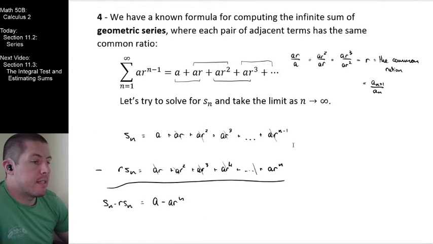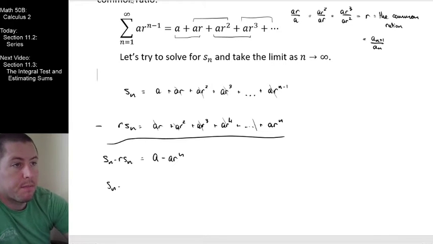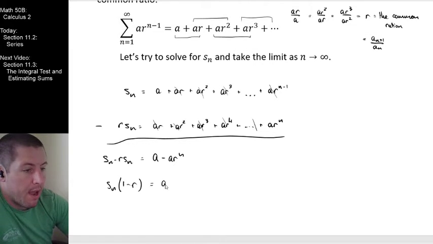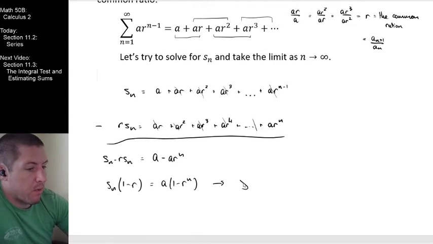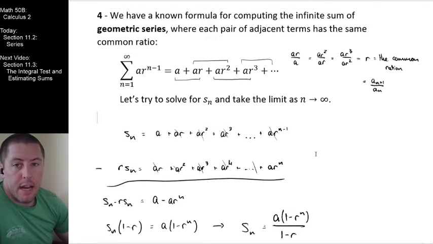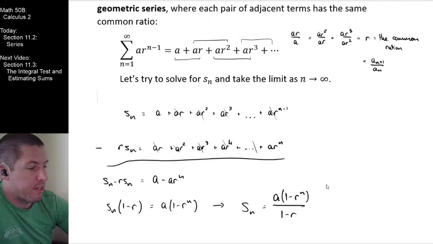And so now what I can see is I can get a formula for S sub n, because I can solve this for S sub n right here. So I'm going to factor out S sub n on the left. One minus r, and that's equal to a times 1 minus r to the n. And it looks like I can get this formula where S sub n equals a times 1 minus r to the n, all over 1 minus r.